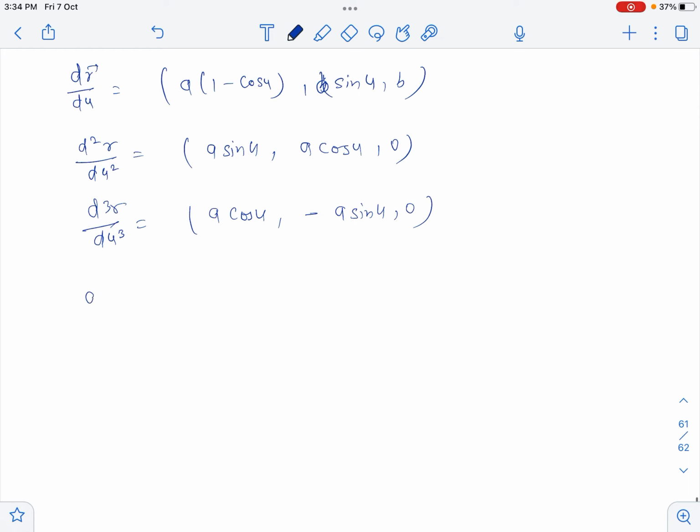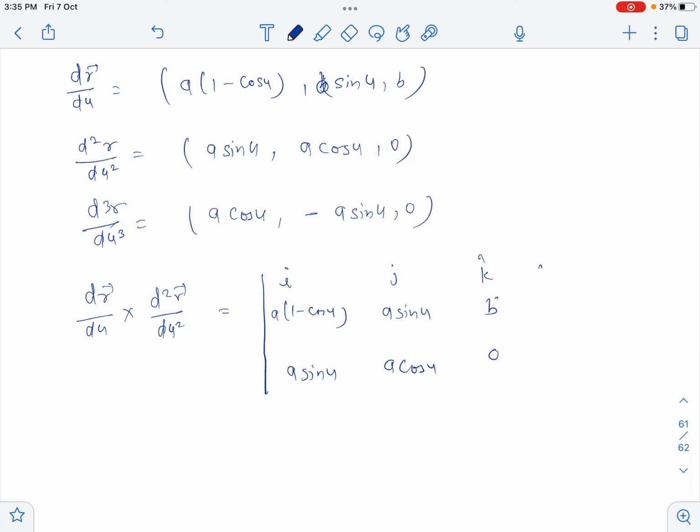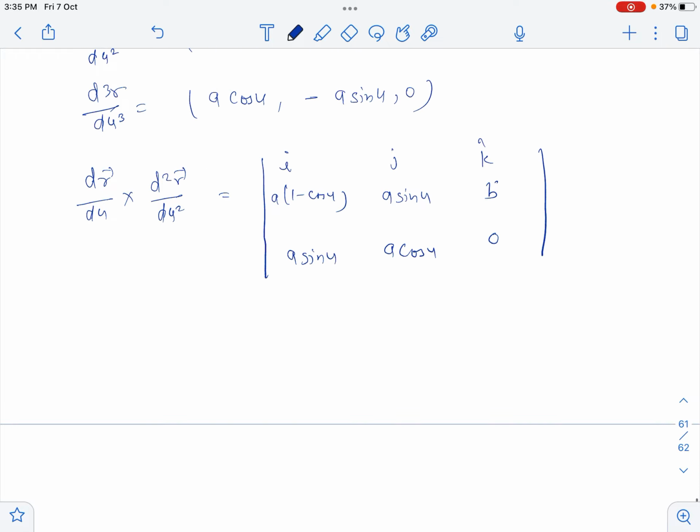So now let us find the cross product of dr/du and d²r/du², which is equal to the determinant of the matrix with rows i, j, k; a(1 minus cos u), a sin u, b; a sin u, a cos u, 0.